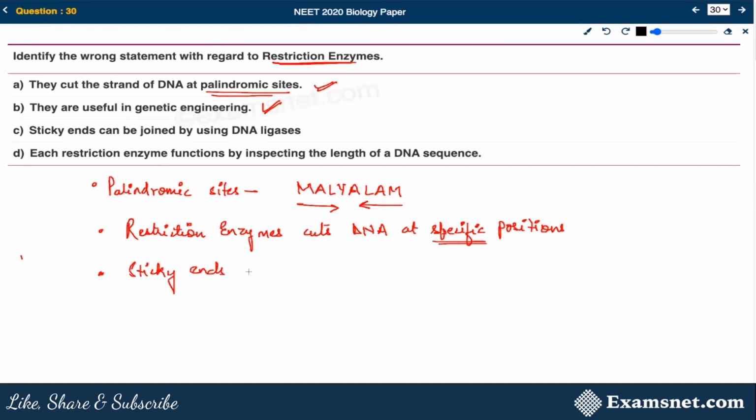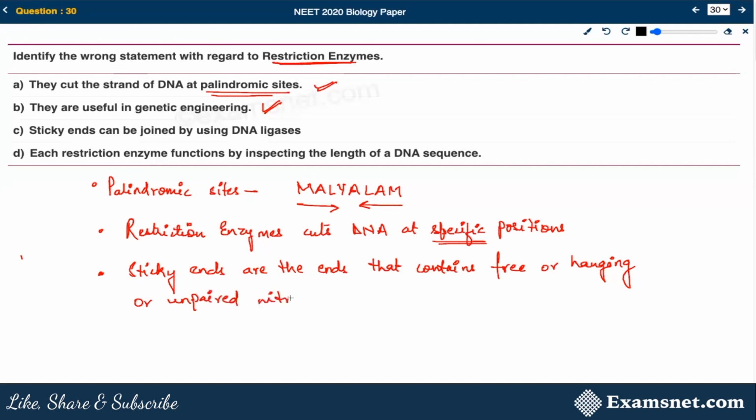Sticky ends are the ends that contain free or hanging, you can say, or unpaired nitrogenous bases, which can pair to their complementary bases that are present on the other DNA segment.